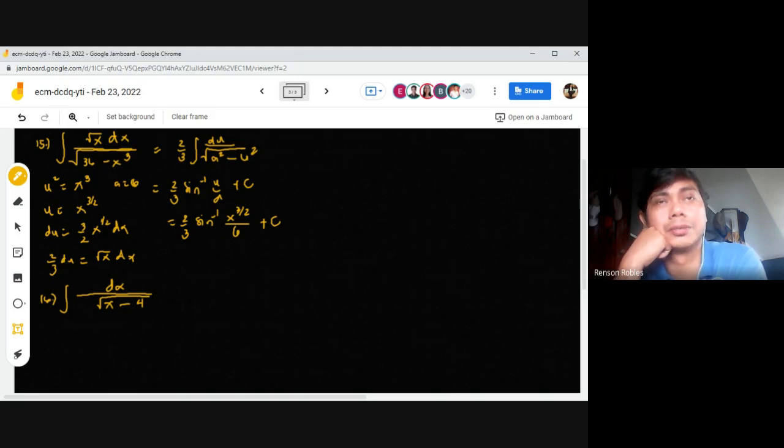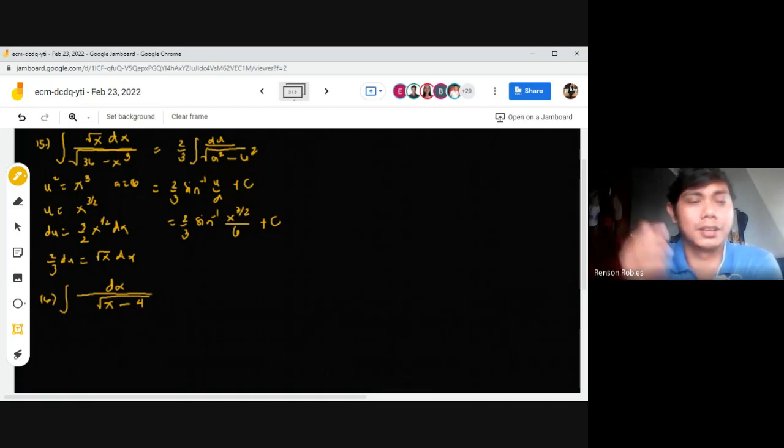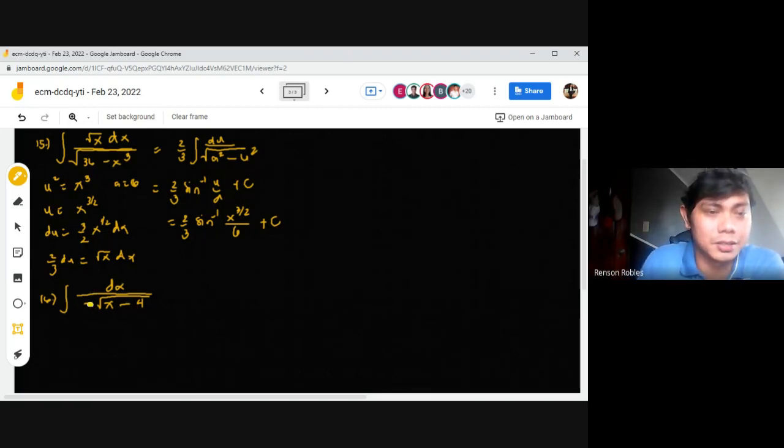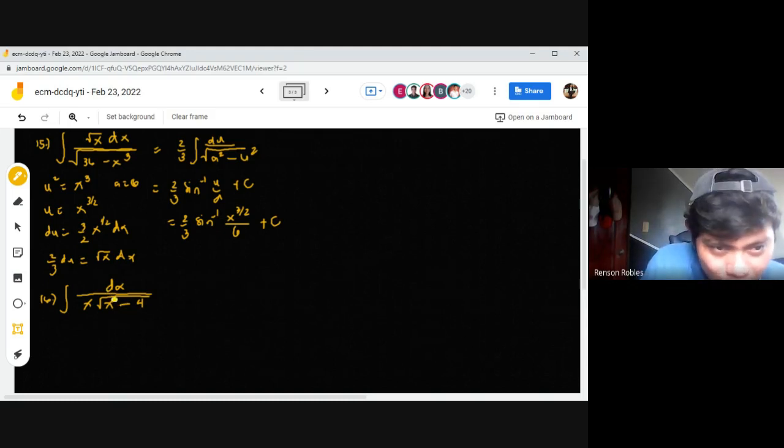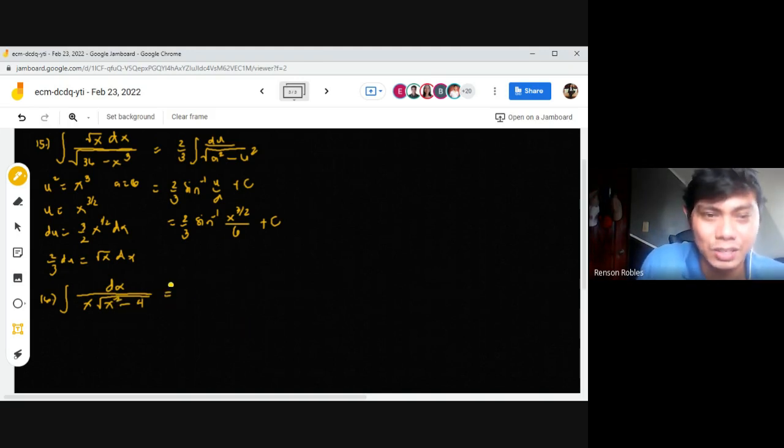Oh, hold on. No. This should be x. That's dx all over x, the square root of x minus 4. So you will observe here na hindi siya, sige. Kung ito ay 2, okay, madali lang. Kasi readily you can give an answer 1 over a arc secant u over a plus c.